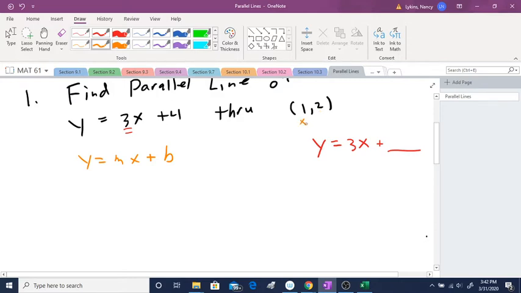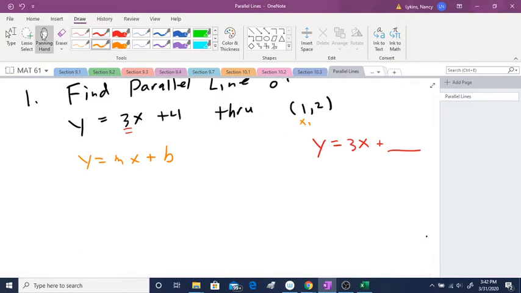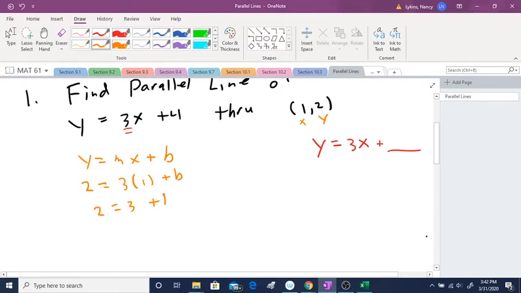My 1 is my x. I'm sorry, it's my x, not my x1. And my y is 2. So my y is 2, my m is 3, my x is 1 plus b. So 3 times 1 is 3, so 2 equals 3 plus b.